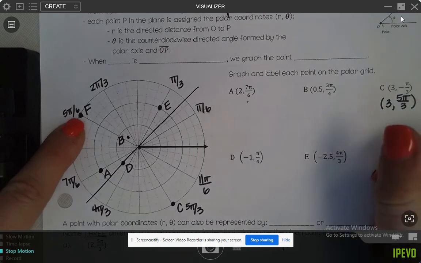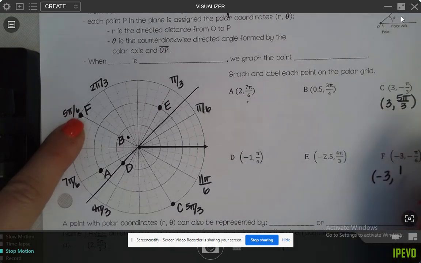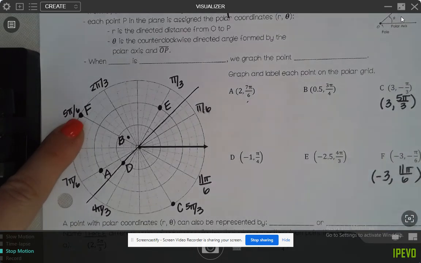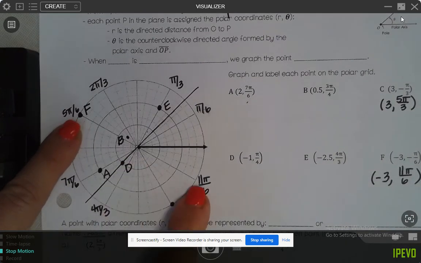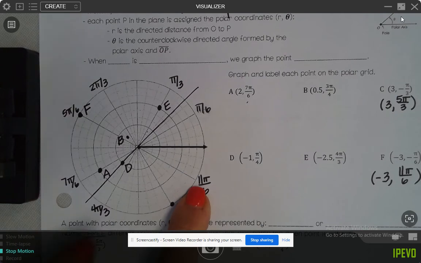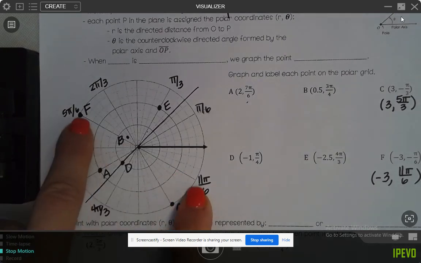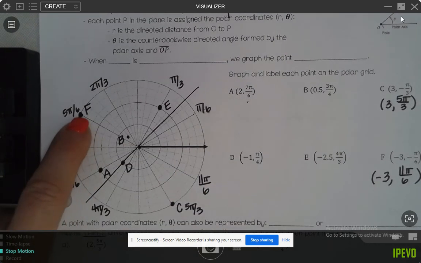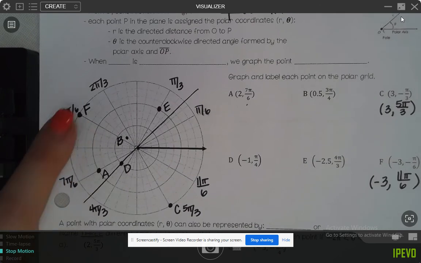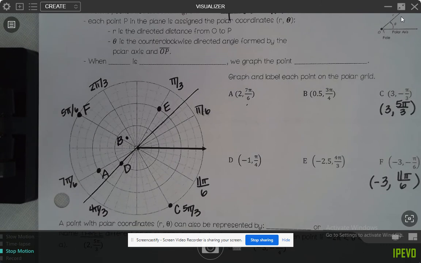So this is the same as negative 3 comma 11 pi over 6. Yes? Agree? So I would go 3 here, but it's negative, so I have to go in the opposite direction. Oh, I thought since it was opposite or negative, the negative in the R is what causes it, not anywhere else.